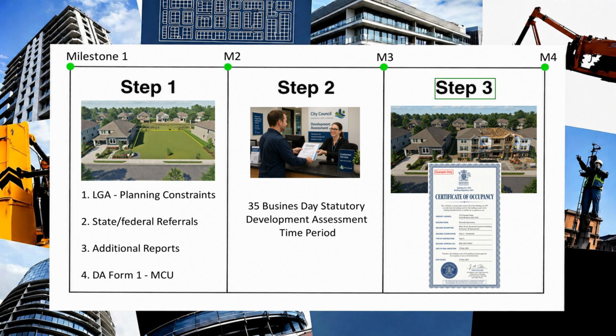In this case, the apartment complex is a Class 2 building. We constructed it to industry standards and in accordance with the approved plans. A building certifier has issued a certificate of occupancy to the applicant and local government. The applicant has paid their infrastructure charges in accordance with the issued infrastructure charges notice, and now the Class 2 apartment complex building is able to commence use, which is milestone 4, completion.